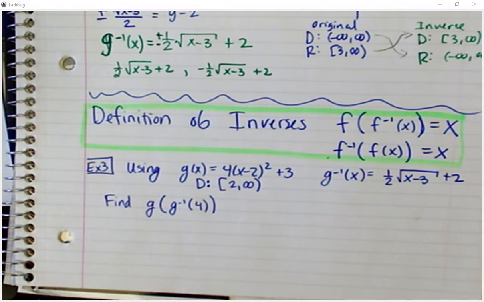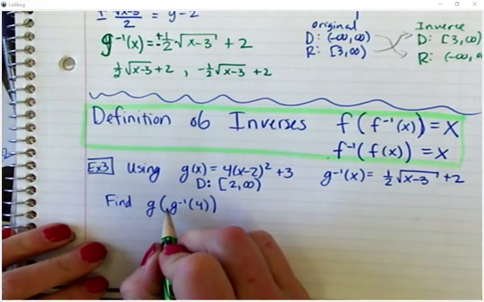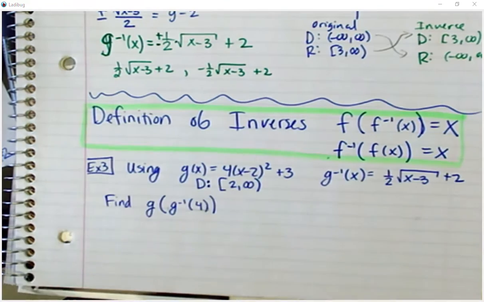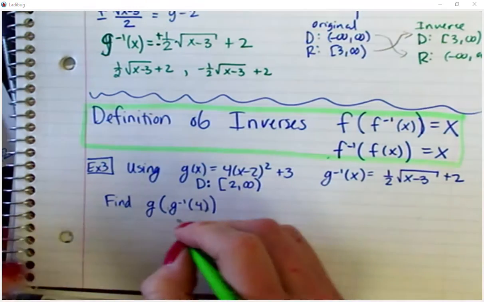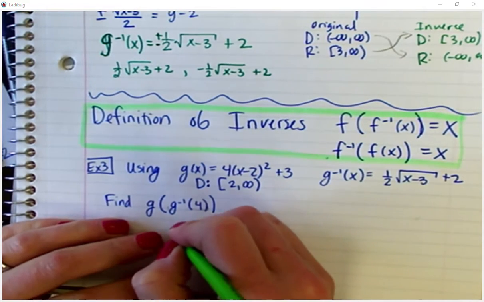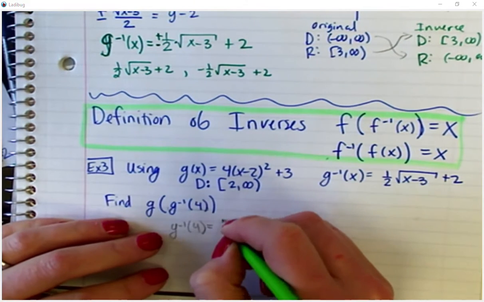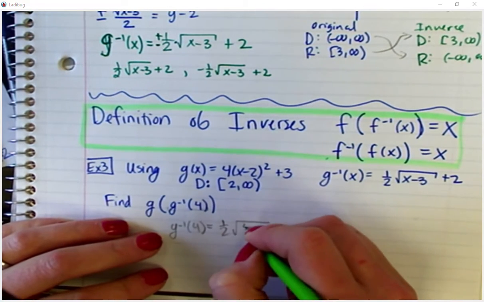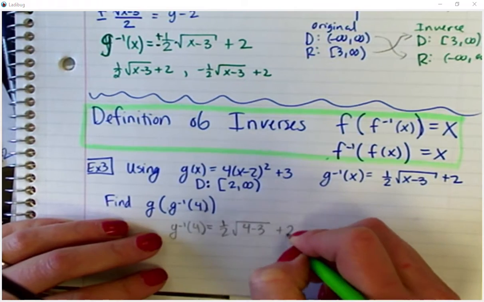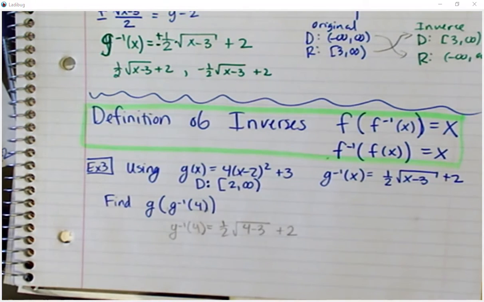I know it's been a little while for our composition. It's just start on the inside and find out what G inverse of 4 is. That means plug in 4. Just start on the inside and work your way out.